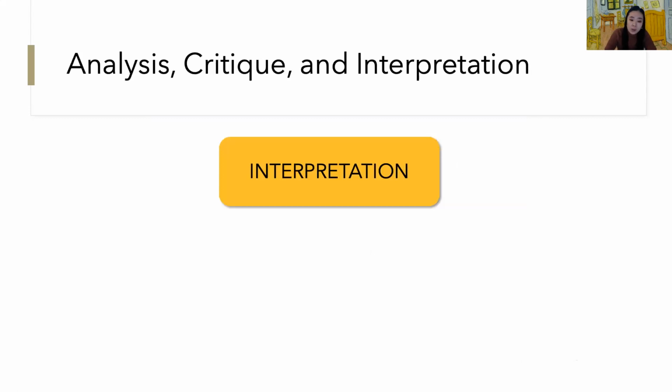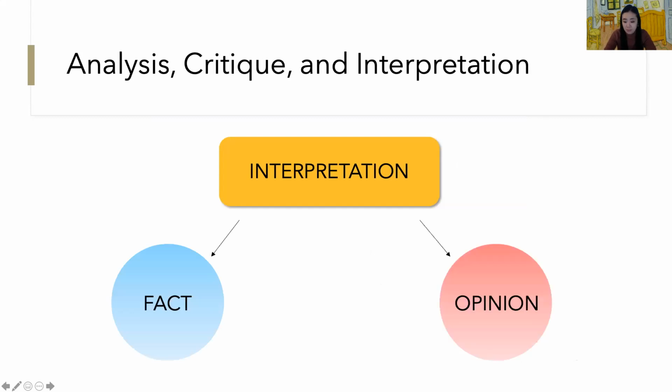So it could be said that all interpretation involves a balance between fact and opinion. Analysis involves careful consideration and discussion of specific aspects of an artwork, while criticism offers a theoretical framework for understanding it.